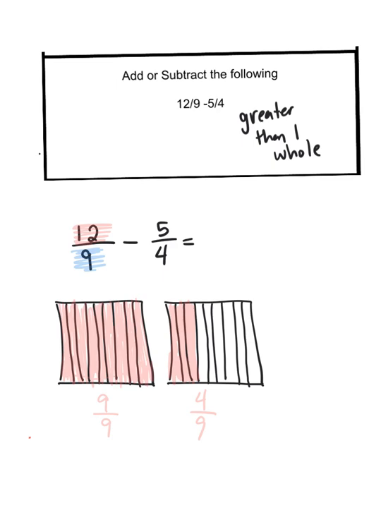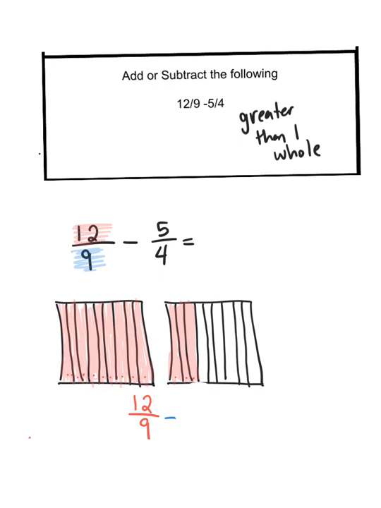Okay? So just to make sure, 1 ninth, 2 ninths, 3 ninths, 4 ninths, 5 ninths, 6 ninths, 7 ninths, 8 ninths, 9 ninths, 10 ninths, 11 ninths, 12 ninths. Okay, so these two amounts together represent 12 ninths.